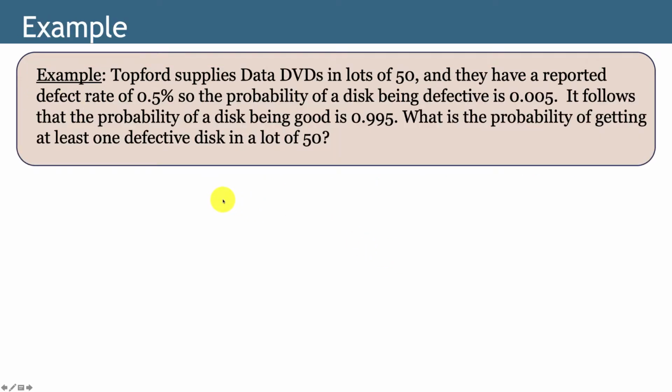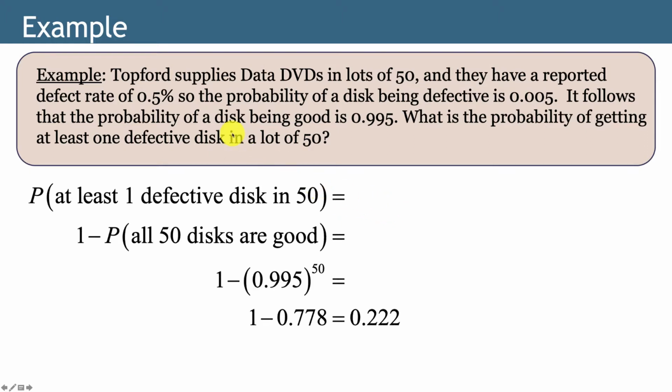Another quick example. We have some DVDs. We sell them in lots of 50. And the defective rate is 0.5%. So by the way, 0.5% as a decimal is 0.005. So that many are defective. So therefore 0.995 are good. So what's the probability of getting at least one defective disc in that lot of 50?